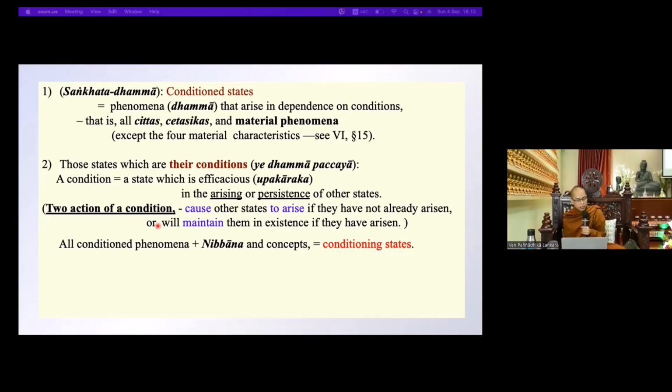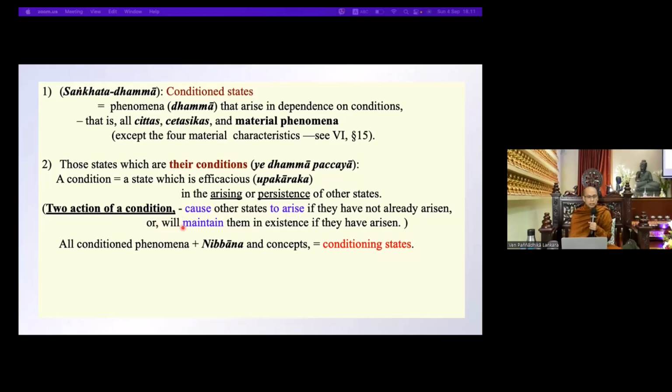Nibbana exists in the nature of reality without any condition. But Nibbana can be a condition. For example, Nibbana can be the object of Magga and Phala Citta. That's why Nibbana is a conditioning state giving rise to Magga and Phala Citta. Without the support of Nibbana as the object, Magga and Phala consciousness cannot arise. That's why Nibbana can be counted among the conditioning states, and also concept.